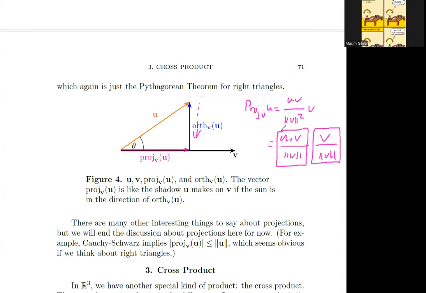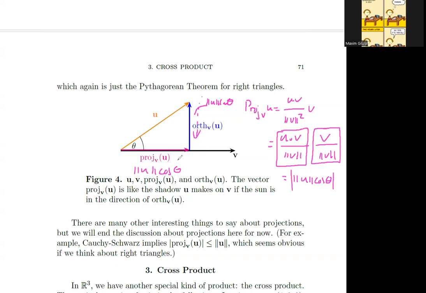If U dot V is positive, so basically if these point in the same direction, just like in the picture, then this is a vector with magnitude U dot V over magnitude V, which is just magnitude U cosine theta by the dot product identity. And U cosine theta is just the side length of this side of the triangle. This is U cosine theta, and this one is U sine theta by geometry. So the length is U cosine theta.